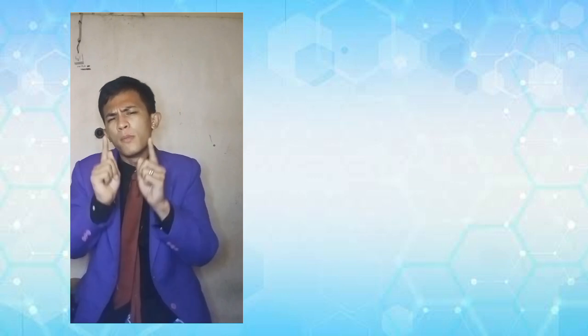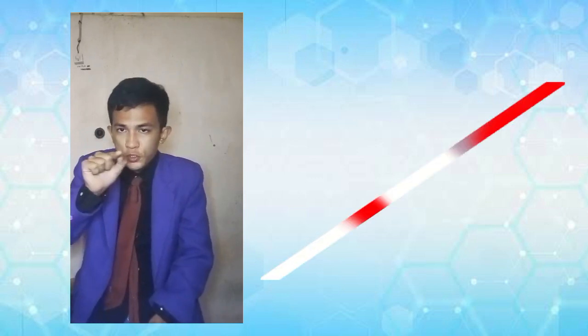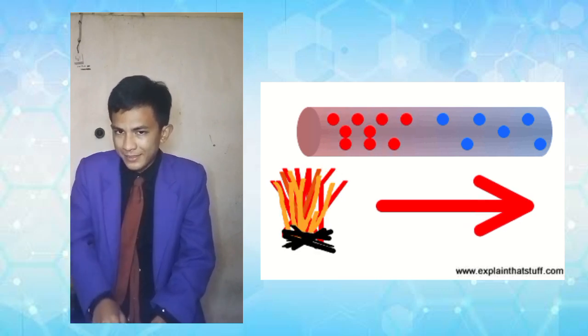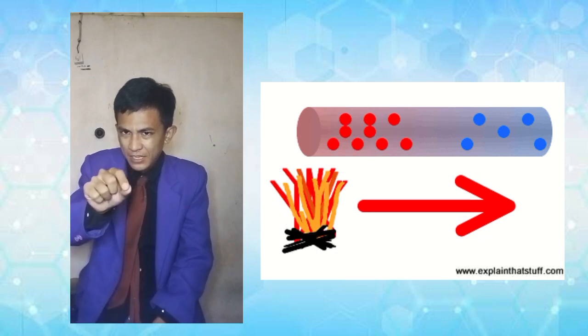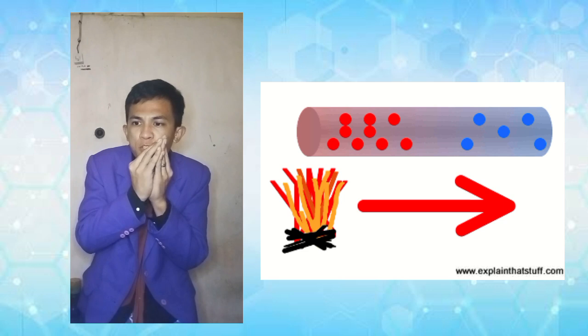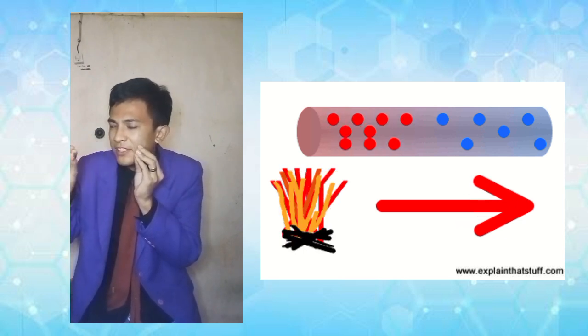Now that we know the orientation of the three types of matter, remember that heat transfer flows in a linear manner. Okay? It means that heat is transferred from hotter objects to cooler objects.